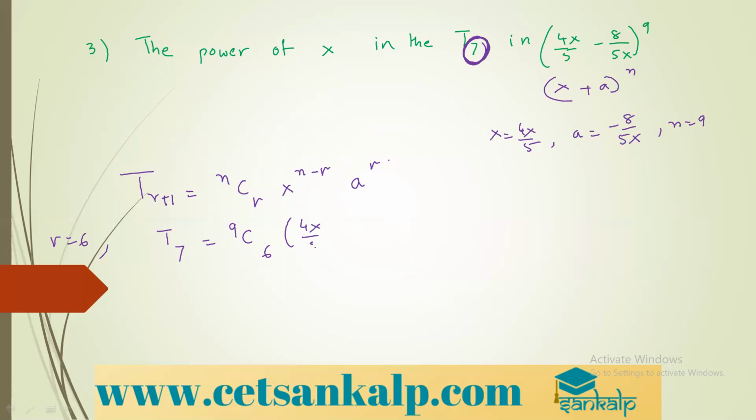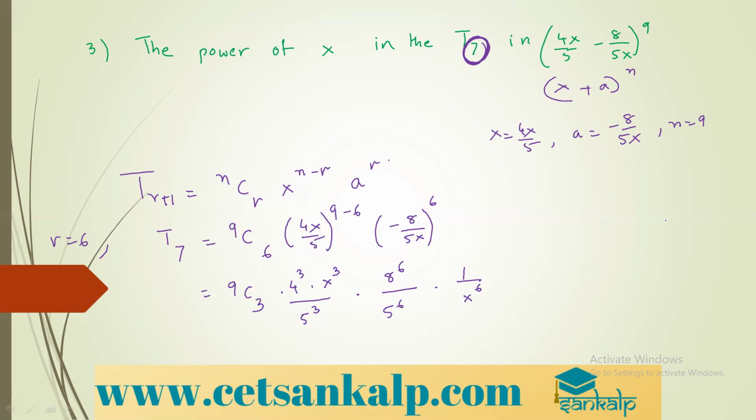X is 4x by 5, a is minus 8 by 5x. So 9C6 can be written as 9C3. Then I have 4 cube x cube by 5 cube. Minus power 6 will become plus. So 8 power 6 by 5 power 6 into 1 by x power 6.